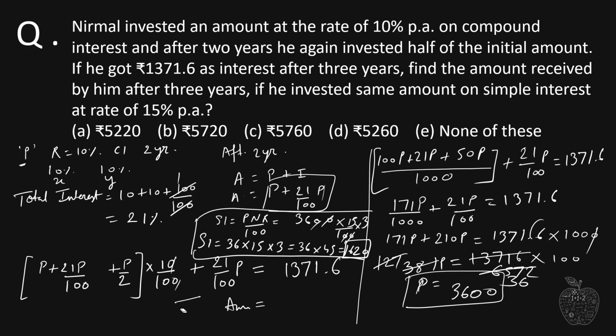The amount formula is principal plus interest. The principal here is 3600 plus the interest we got as 1620. So the total amount is 5220. This is the required answer, 5220.